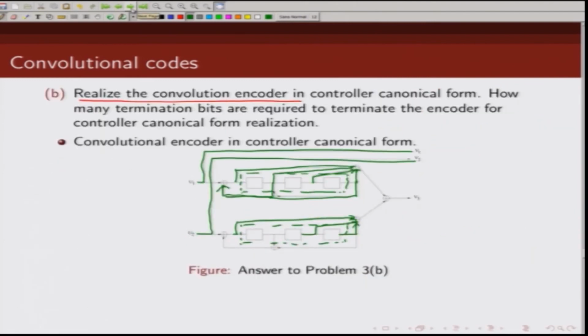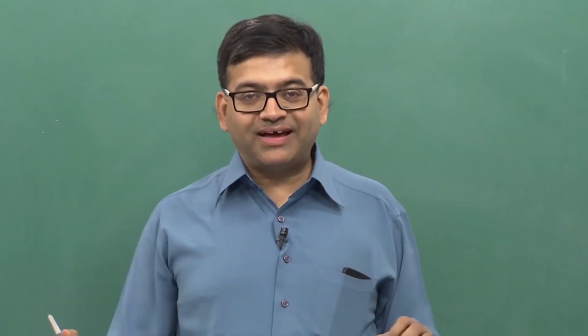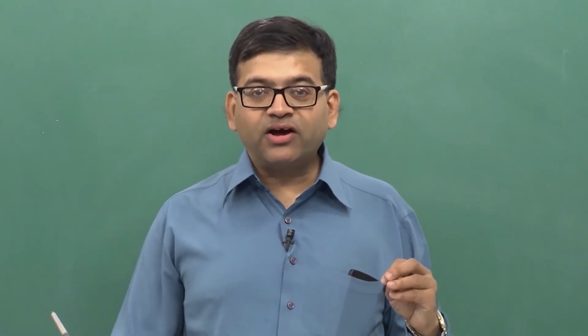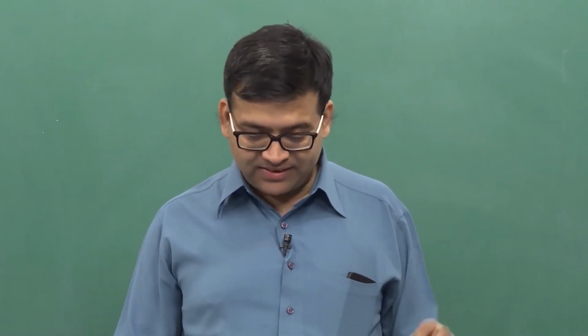So, feedback connections, this is the 1, this is d, and this is d cube, and V3 is a combination of these two. So, this is my V3. So, I hope this is clear how we can realize this encoder using controller canonical form realization.